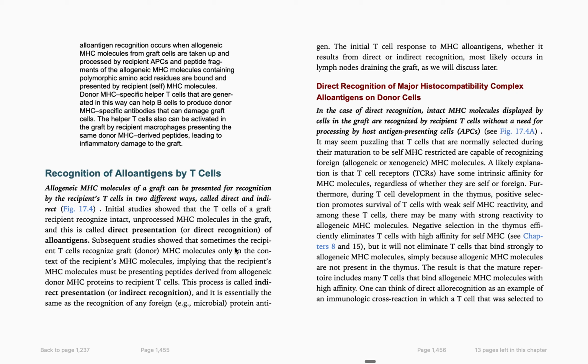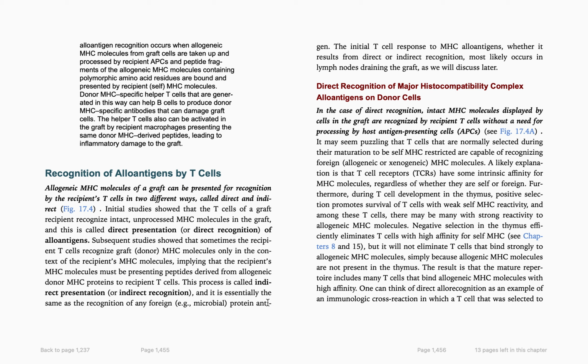Subsequently, studies showed that sometimes the recipient's T cells recognize graft donor MHC molecules only in the context of the recipient's MHC molecules, implying that the recipient's MHC molecule must present a peptide derived from the allogenic donor MHC protein to the recipient T cell.